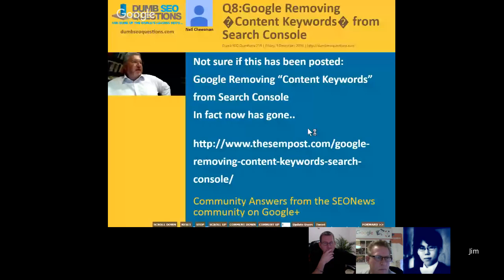All right, and this one is a simple one. Needs no explanation. Google has removed content keywords from the Search Console. It's not a great loss, is it? It didn't actually mean anything.